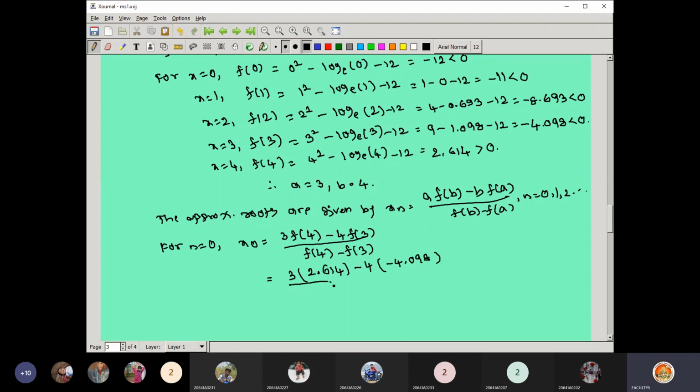Total divided by f of 4, that is 2.614, minus f of 3, minus 4.098. Use the divide button to get your final answer.